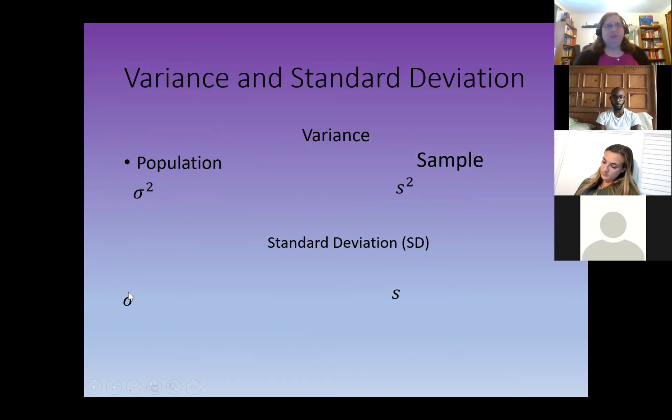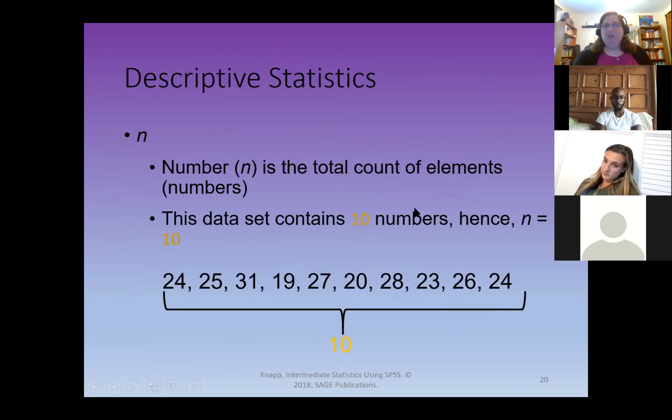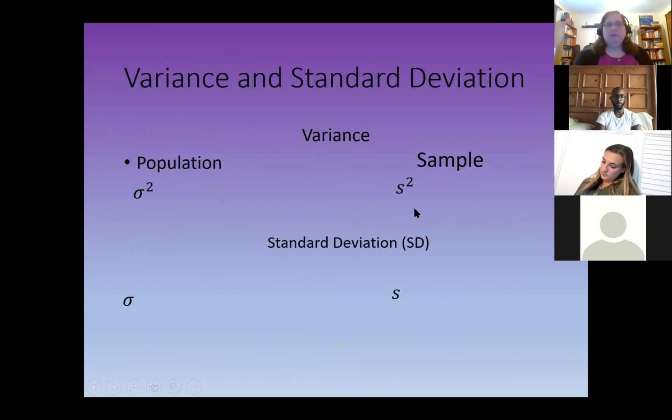Because what did we say? We take our standard deviation, sigma, square it, sigma squared, to get variance. Now, on the other hand, we have our sample standard deviation, which is S. We square it to S squared to get our sample variance.